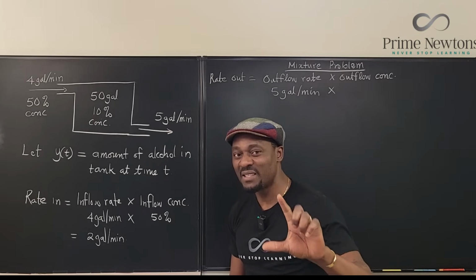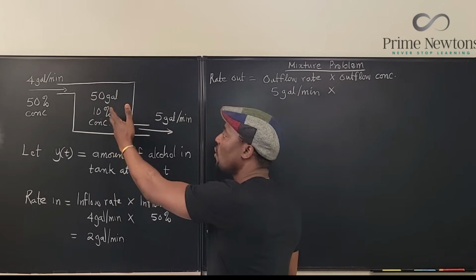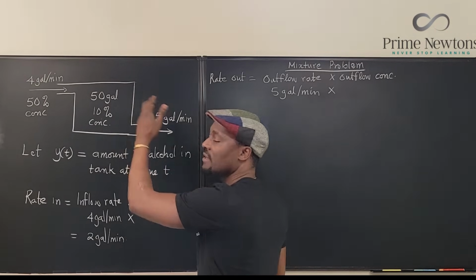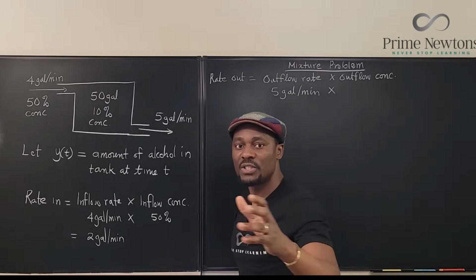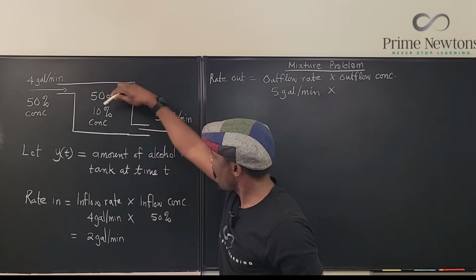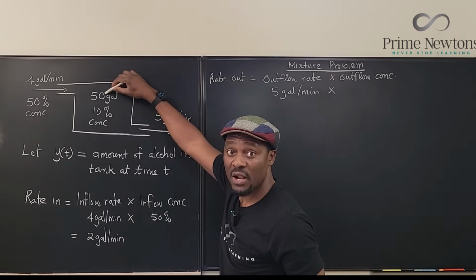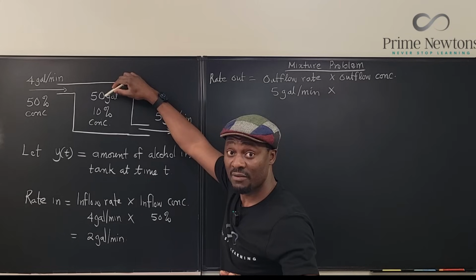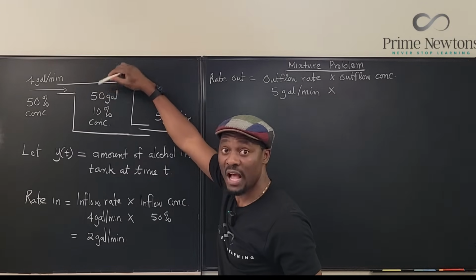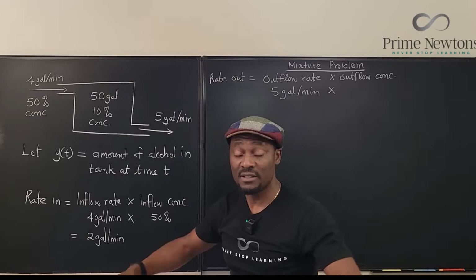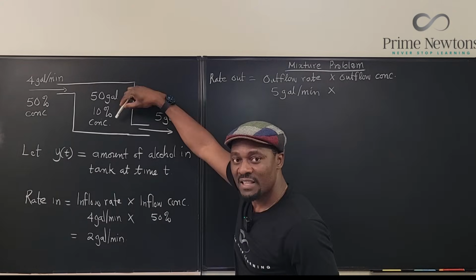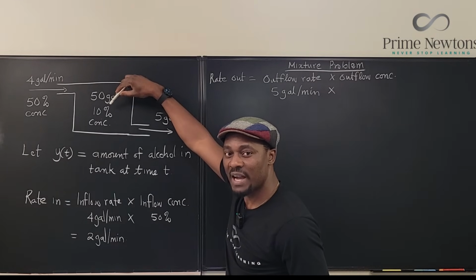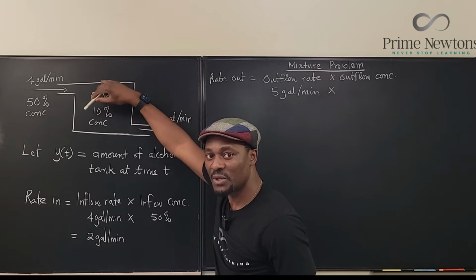Concentration is basically how much alcohol is in this thing compared to the total amount. You see, we said 10% of this was alcohol, which was just 5, right? 5 gallons of this was alcohol, or 5 liters. It doesn't matter what unit you pick, just keep that unit. It is the amount of alcohol divided by the total volume of solution.